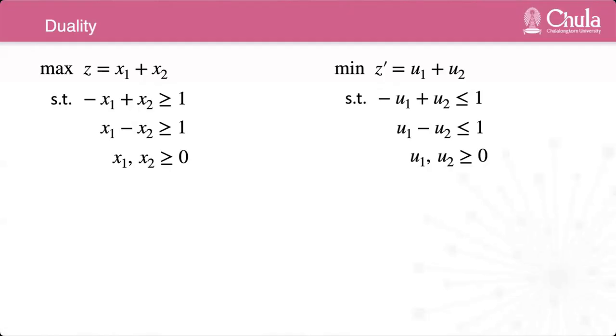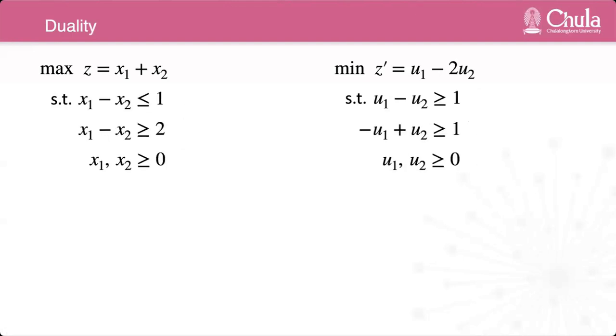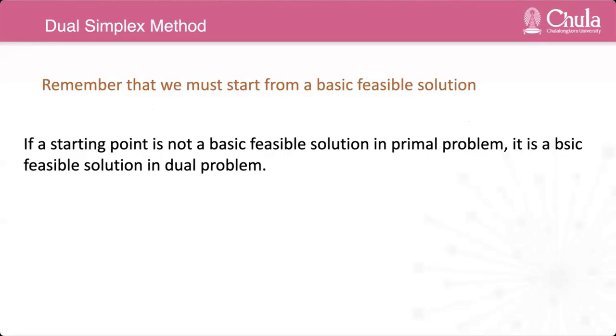We have 1 1 here, 1 1 here, 1 1 here, and minus 1 1. This is also primal and dual.